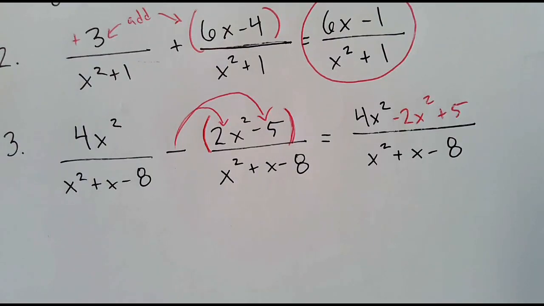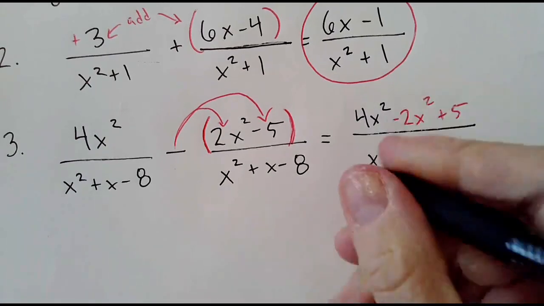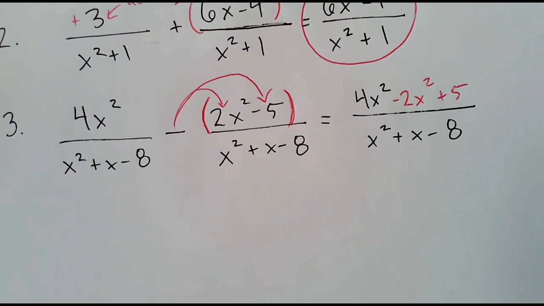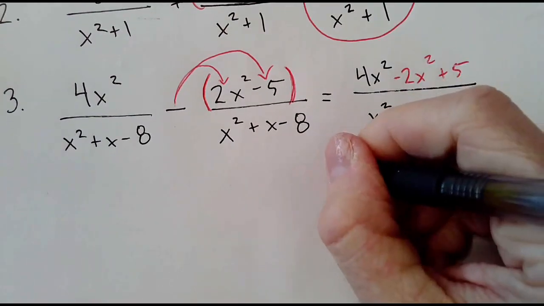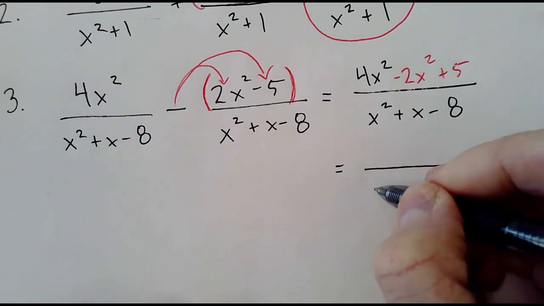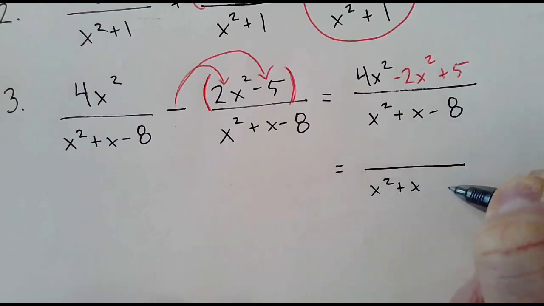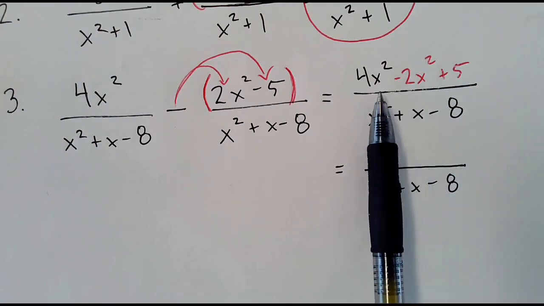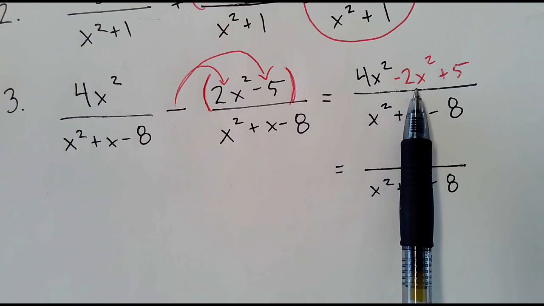How do I combine like terms here? What's the answer? Okay, so we've got the x squared plus x minus 8, and then on top, same variable to the same power, we can combine. What's that? 4x squared minus 2x squared.